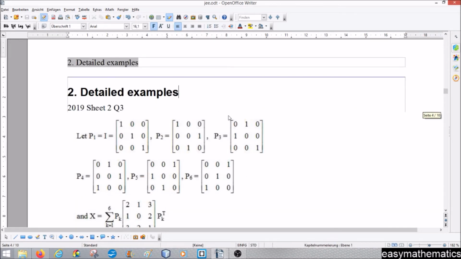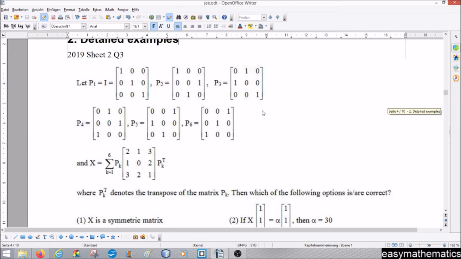It's from 2019, sheet 2, question 3. There are 6 matrices, P1 to P6, and a matrix X, and this is defined by the summation of the product Pk times a matrix M times Pk transposed, where Pk to the power T denotes the transpose of the matrix Pk.